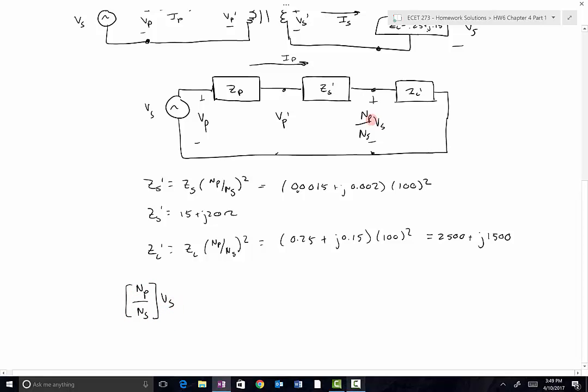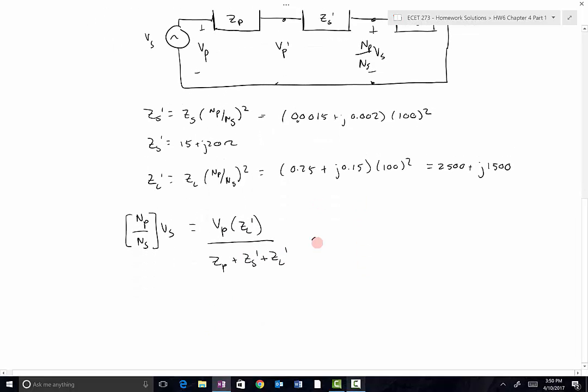So the voltage here is going to be equal to V primary side times ZL prime over the sum of the three impedances in series right there: ZP plus ZS prime plus ZL prime. So that was a pretty easy way to solve for the secondary voltage, and I can just rearrange this by saying VS is equal to NS over NP times VP times ZL prime over ZP plus ZS prime plus ZL prime.